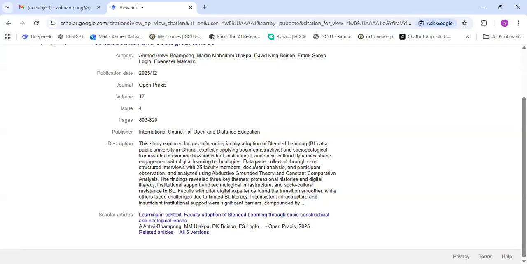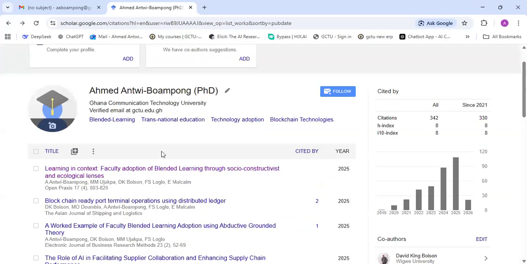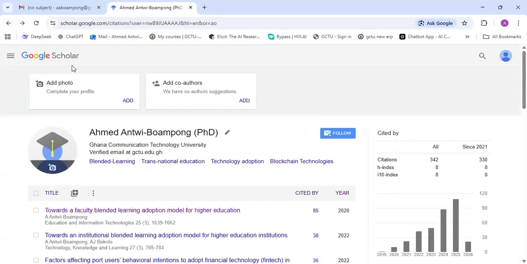You see it? So this is a primary source in that it's research that communicates an empirical study of a particular case site of a public university in Ghana. Primary source.